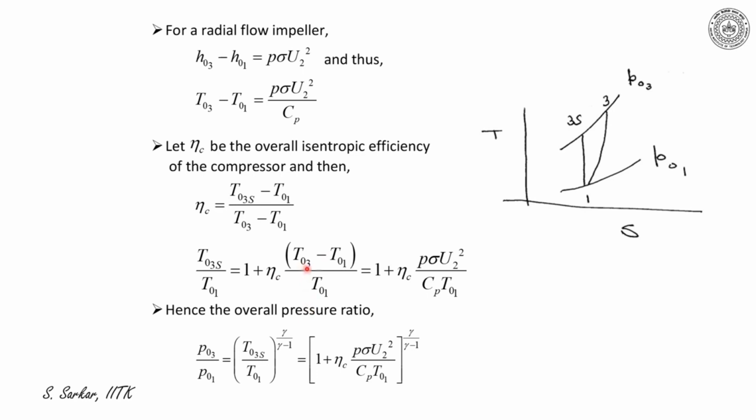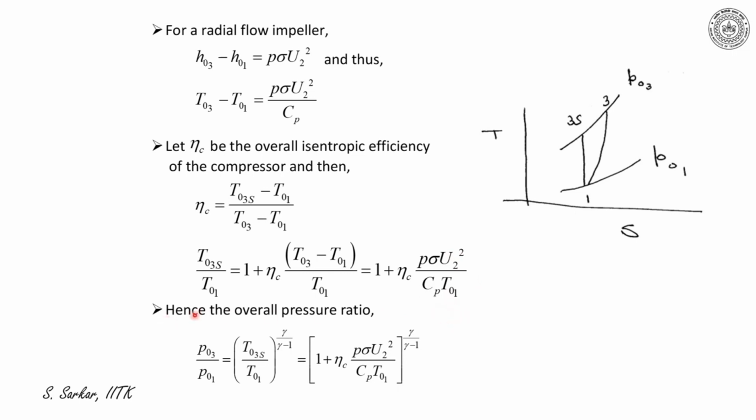Now T03 minus T01, I can put the value here by P sigma U2 square divided by Cp. Thus I can get T03S by T01 is equal to 1 plus eta C into P sigma U2 square divided by Cp into T01.